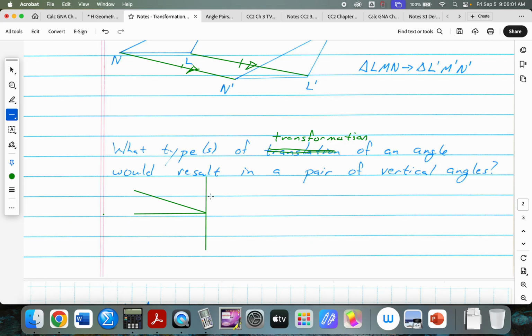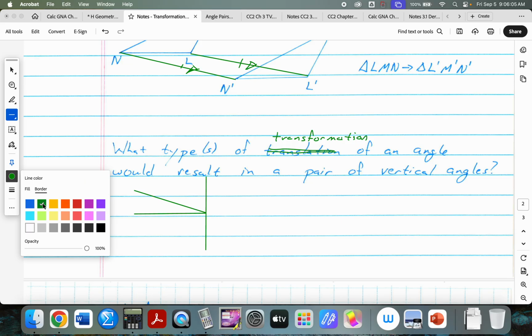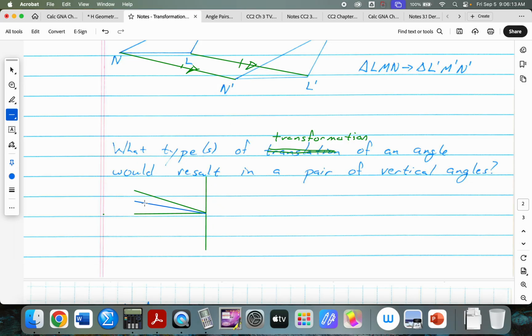No. And the reason why is because if I was to draw in the angle bisector here, is the line of reflection perpendicular to that angle bisector? No. So you can do it with a reflection, but you have to be careful about it.